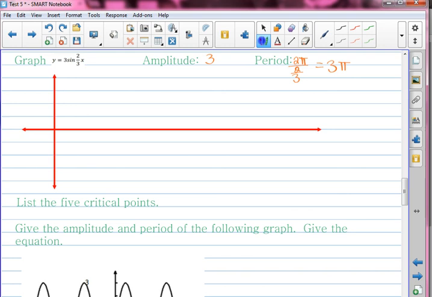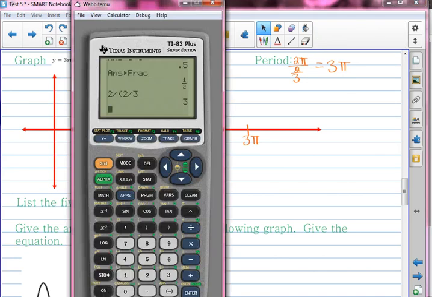So, to label your x-axis, you put your period all the way on the right, break it up into 4 parts. You divide by 4, and 3 pi divided by 4 is 3 pi over 4. And then you're going to keep adding by 3 pi over 4.